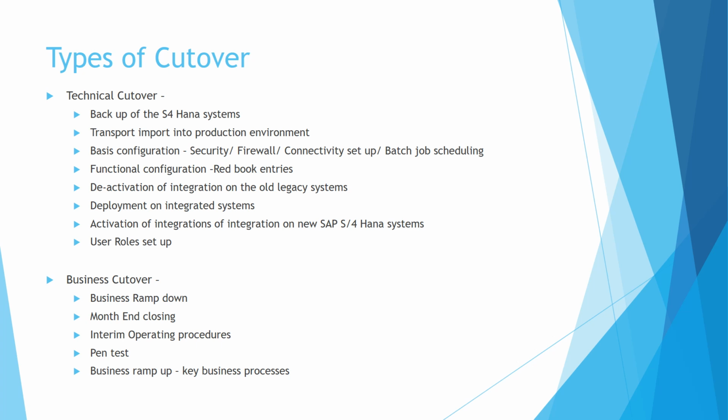So the business has neither the new system nor the old system. They will have some operating procedures to keep the business running. These are the emergency procedures for any kind of urgent activities, urgent business needs.